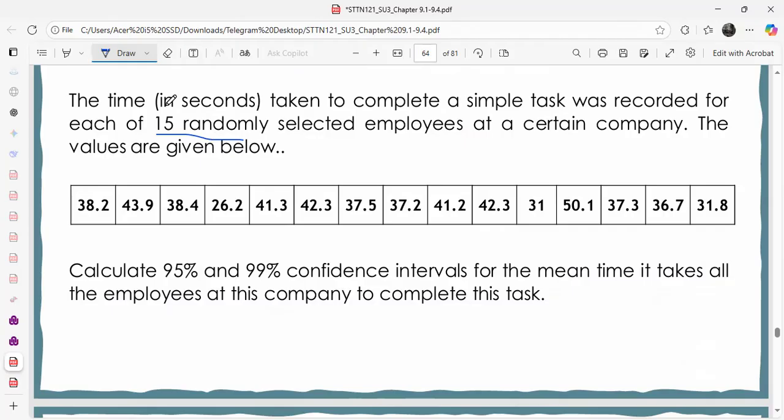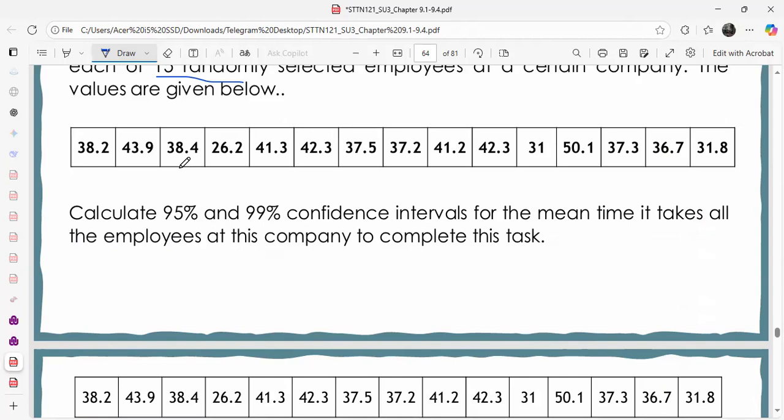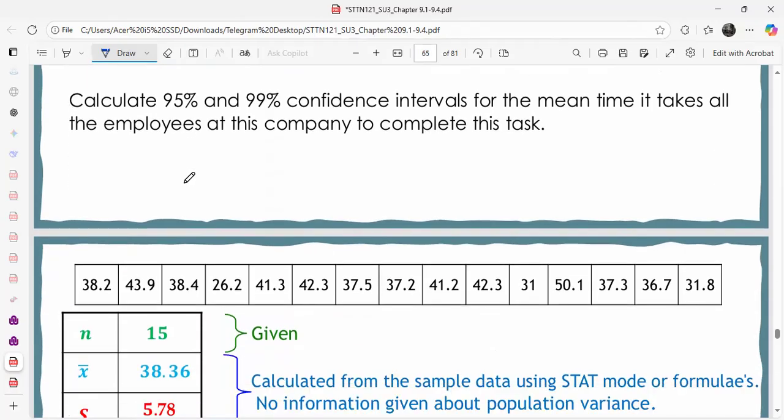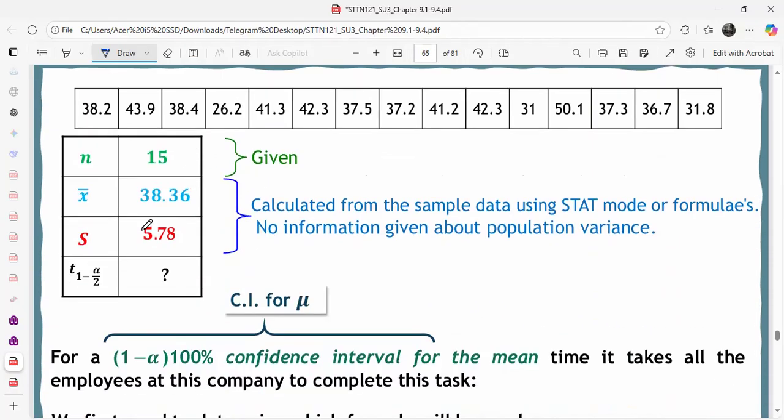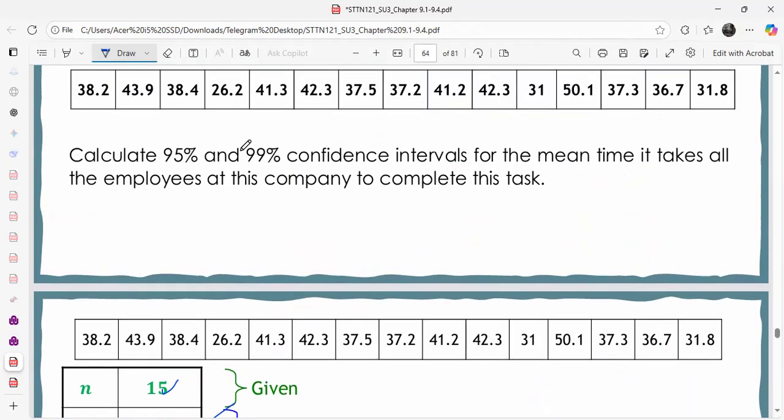You're going to punch the values on the calculator, you get the mean, and you also get the sample standard deviation on this one here. N already is equal to 15 because you see it's there.